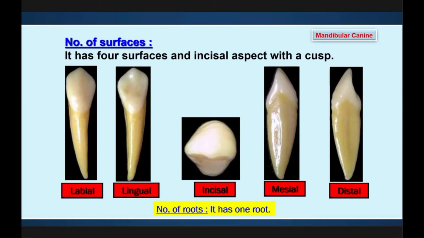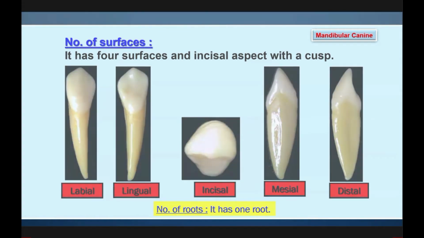That is upper first premolar. All the other teeth are single-rooted. Okay, remember this basic principle, because it is necessary for us to remember how many roots we have in the tooth. Upper molar, if you go for the upper molar, all upper molars are three-rooted, all lower molars are two-rooted.